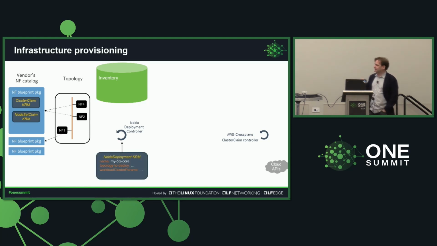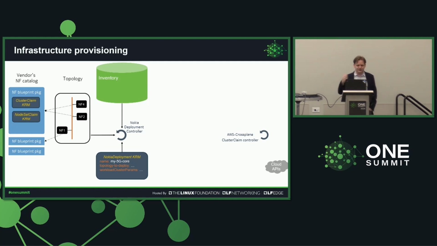When we create this Nokia deployment resource, of course it has a reference to the topology that you want to be deployed, but it also has fields that are required, for example, to create the workload cluster if it hasn't been created yet, a reference to the Git repo, that is the deployment repo for the workload clusters, and things like that.